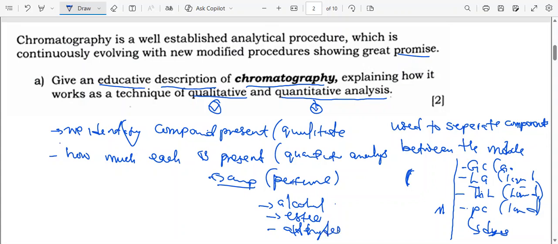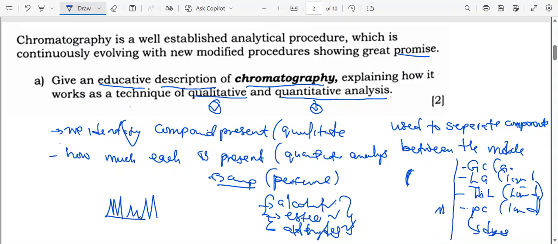Okay, so if these are all collected, this means that each appears as a separate peak on the chromatogram. So once they are detected, we'll find peaks on the chromatogram like this, and again this.